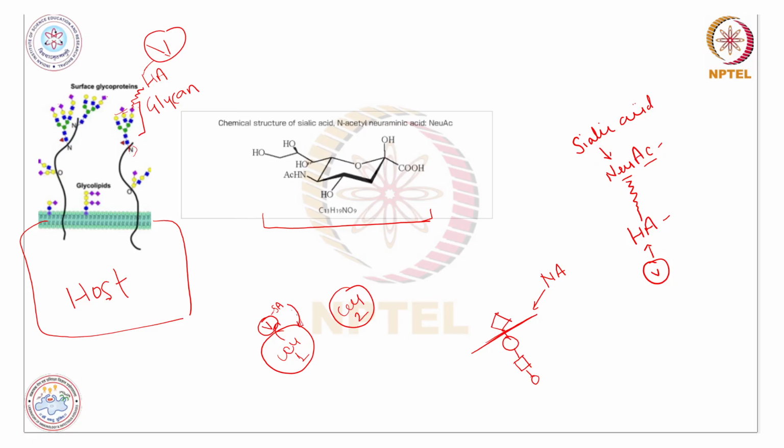So for making it a new virus particle, what will happen? The neuraminidase enzyme will cleave off the sialic acid from here, so that this virus is a free virus. It doesn't have exposed sialic acids. So it can go and again bind to the cell, to sialic acid, using its own hemagglutinin.